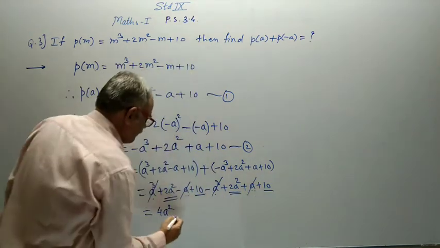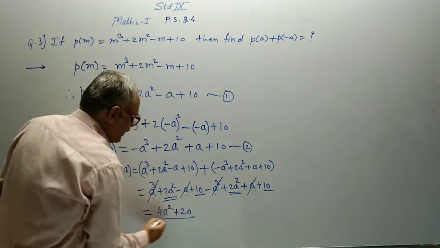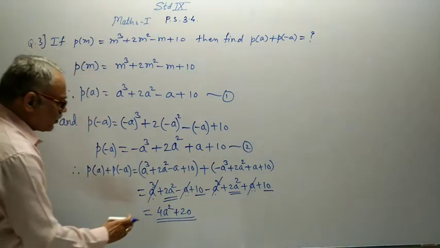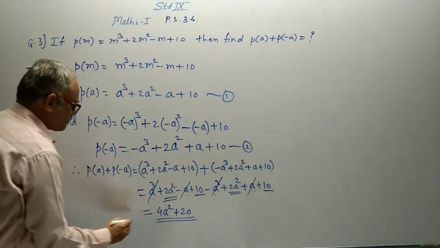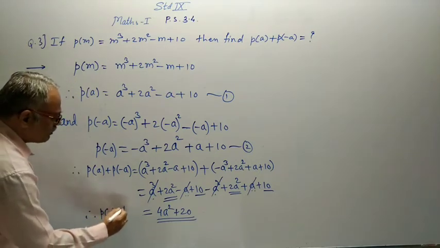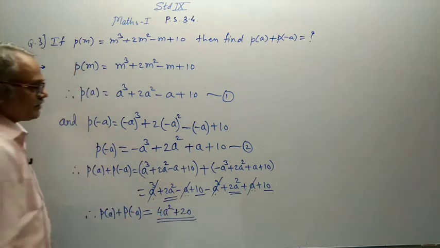So what is the answer? 4a square plus 20. Therefore, P of a plus P of minus a, whatever is asked, is 4a square plus 20.